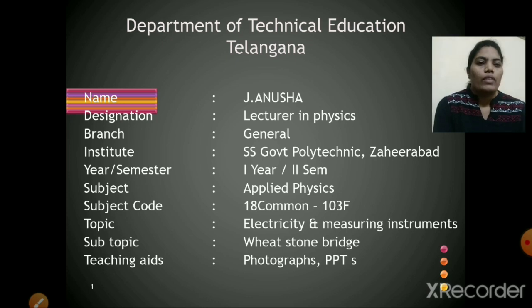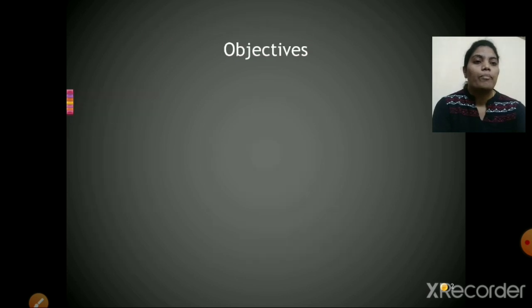The topic we were discussing in previous sessions is electricity and measuring instruments, the fifth chapter from our syllabus. In today's session, on completion of this class, we are going to learn about Wheatstone bridge, and to understand this we are taking help of a small PowerPoint presentation.